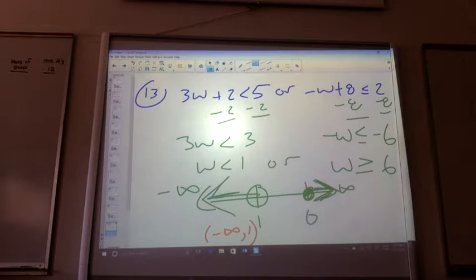The word OR I'm looking for, and then we're going to go square bracket 6, because we include it, all the way to infinity. So an OR problem is two different problems, but it's one. And you put the word OR right there. We'll eventually have a symbol for OR because, you know, 2 whole letters versus a symbol. We'll stick with OR. Symbol looks like this. U.